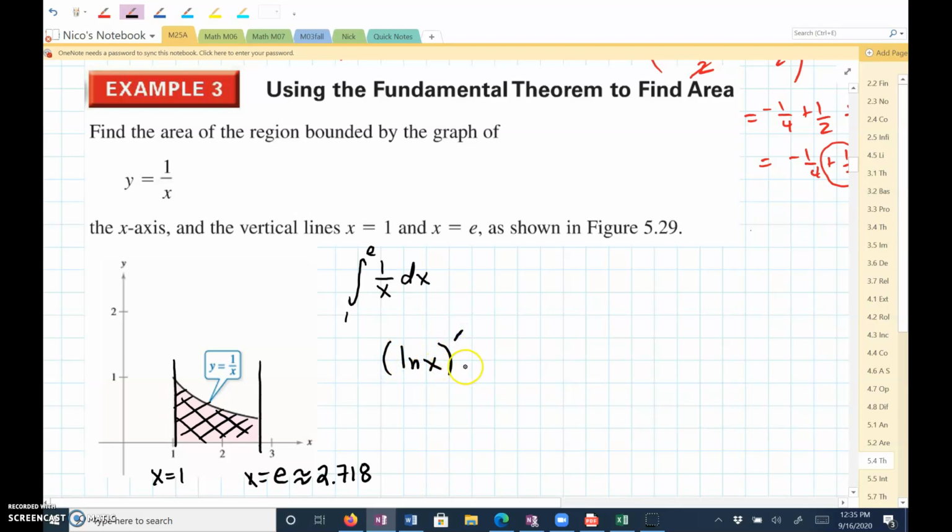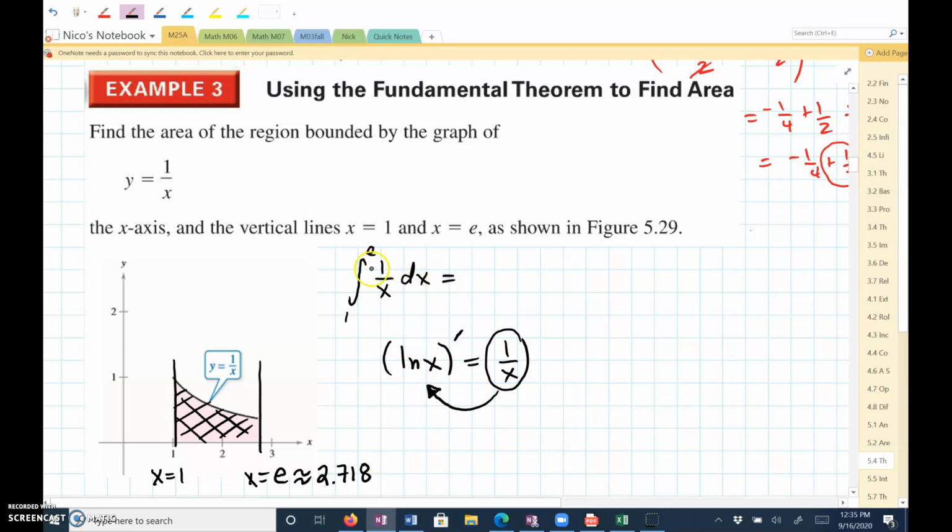If I ask you to take the derivative of natural log of x, that's going to be 1 over x. Okay? And so if I start with 1 over x and take the antiderivative, I'm going to end up back at the natural log of x.